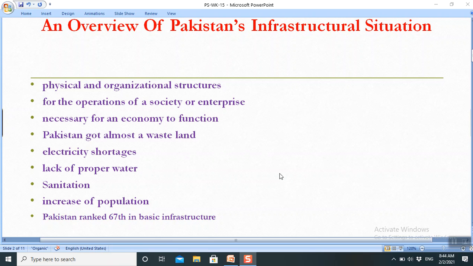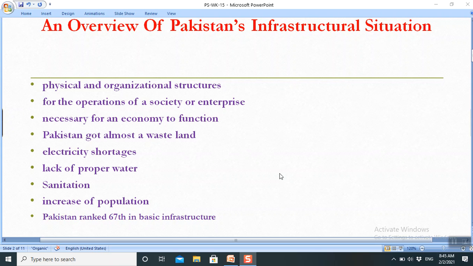And you find that most of the British infrastructure of all types was inherited by India, whereas the areas which Pakistan comprises had hardly any developed infrastructure except a few chunks.